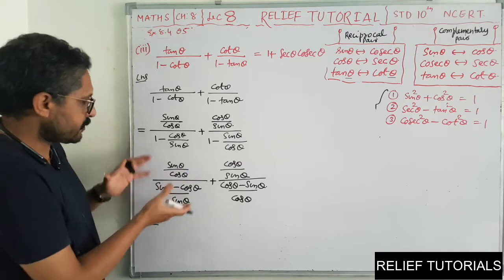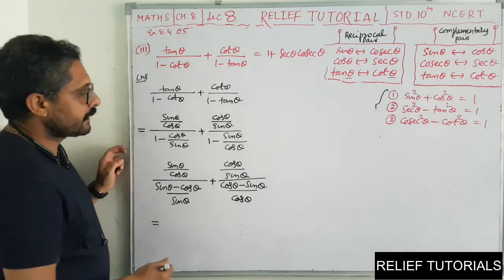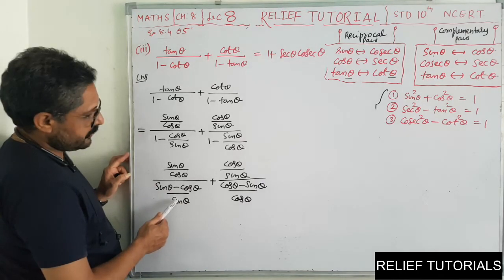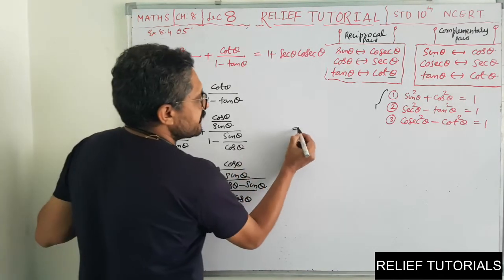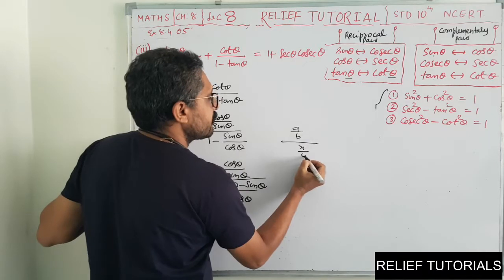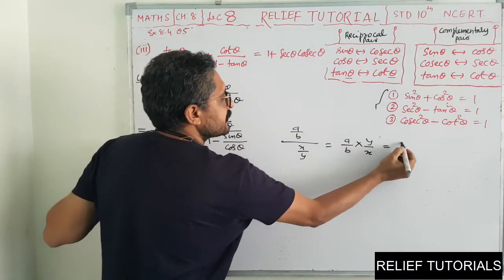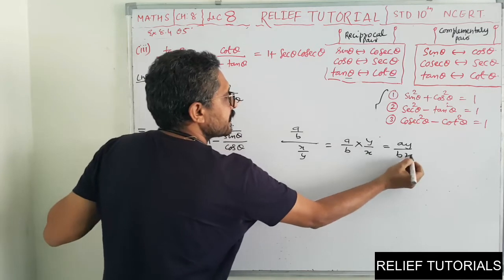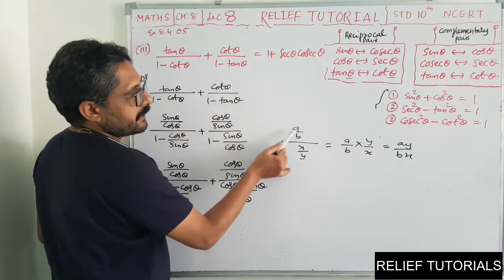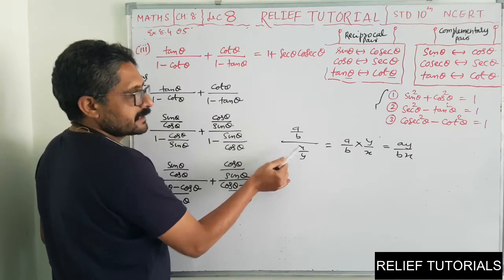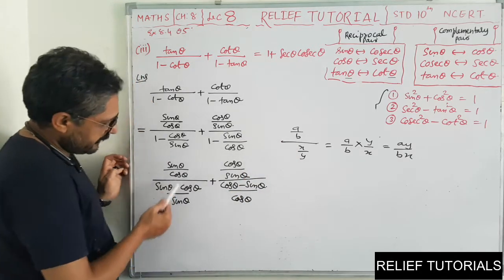Just multiply, so you get the reciprocal. Sin theta upon cos theta into, see, the reciprocal, you have to do the reciprocal of this. Think if it is A upon B upon X upon Y. So what you can do, A upon B into Y upon X. So that is equal to AY upon BX. This will multiply with this, AY upon BX. Same thing we can do here.